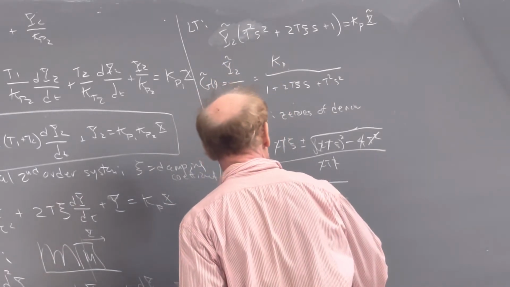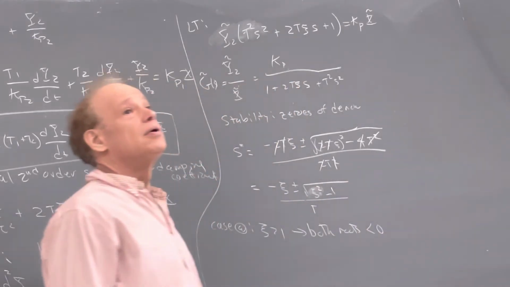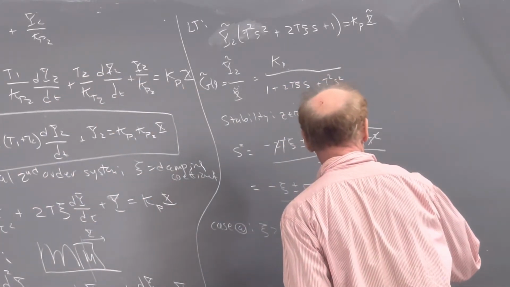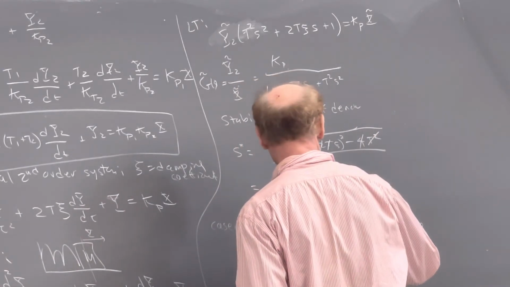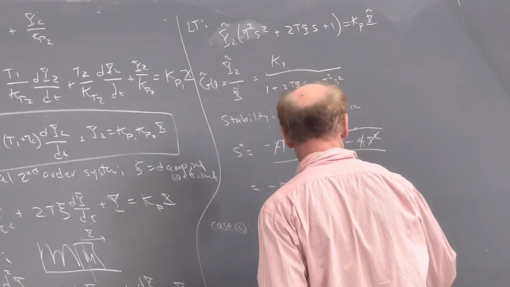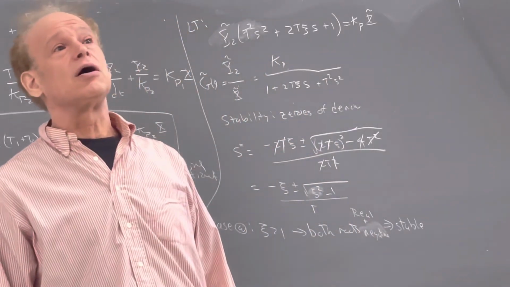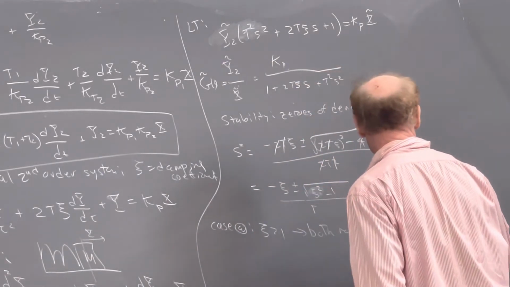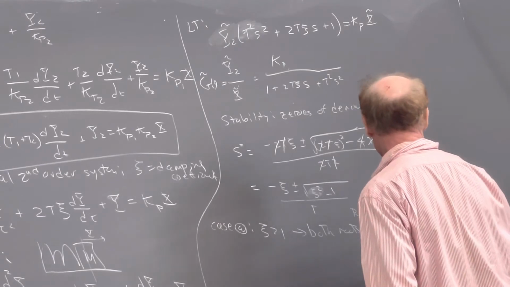So both roots are real and negative, and therefore it's stable, and it's overdamped, meaning there's no oscillations.